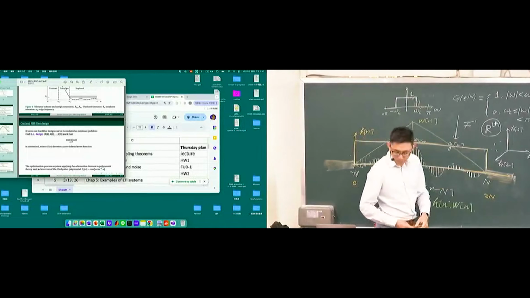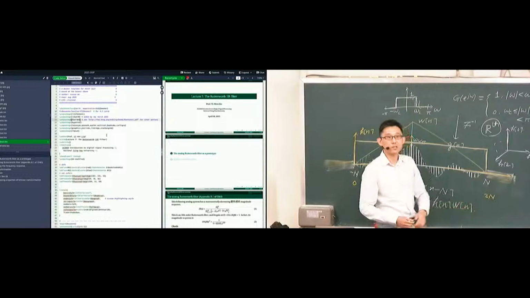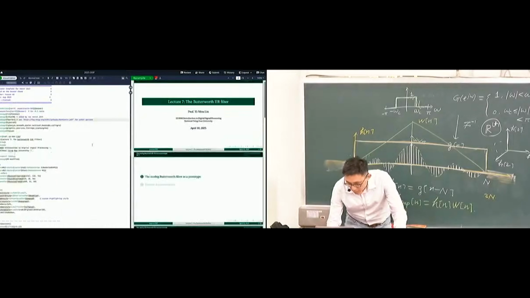So do we remember what's the key idea for IIR design? IIR design requires borrowing. So next week we talk about borrowing from what? Borrowing from analog. So next week we talk about that. I'm still preparing this lecture note, but let's take a look.